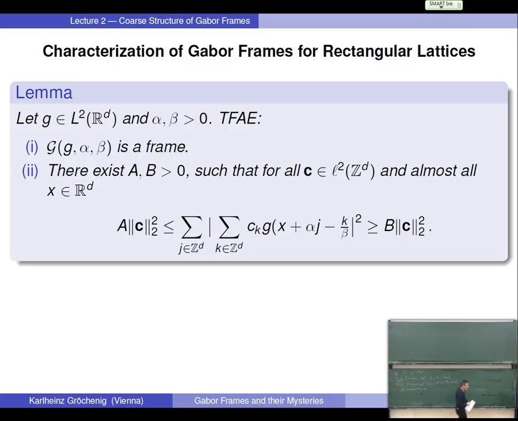And of course, you can do the same for Riesz sequences. Let's write R here and Riesz sequence here.